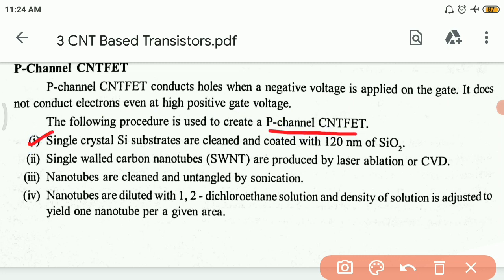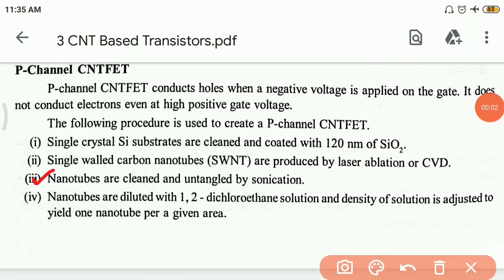Number 1, single crystal silicon substrates are cleaned and coated with around 120 nanometers of silicon dioxide, that is SiO2. Second, the single walled carbon nanotubes, that is SWNT, are produced by laser ablation or CVD. CVD means chemical vapor deposition. Next, the nanotubes are cleaned and untangled by sonication.